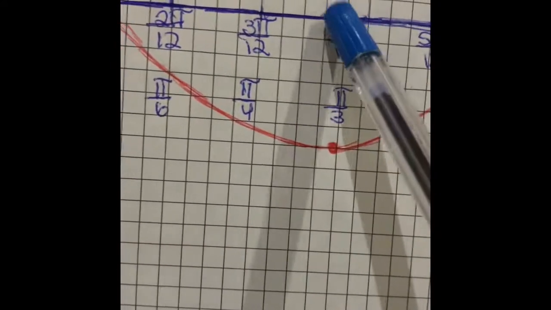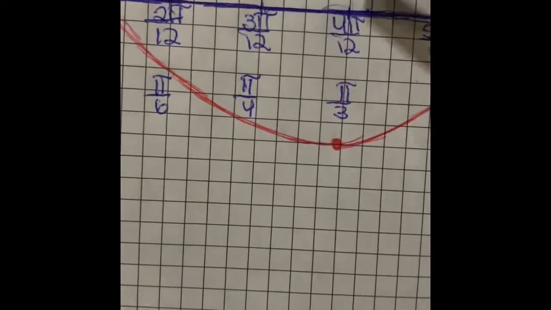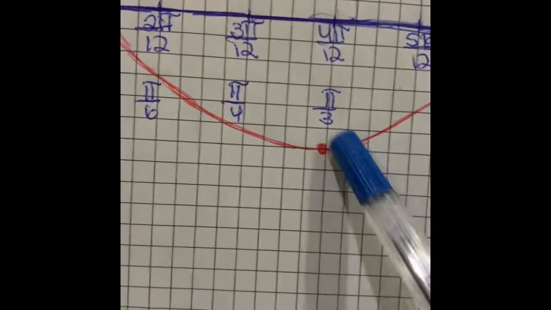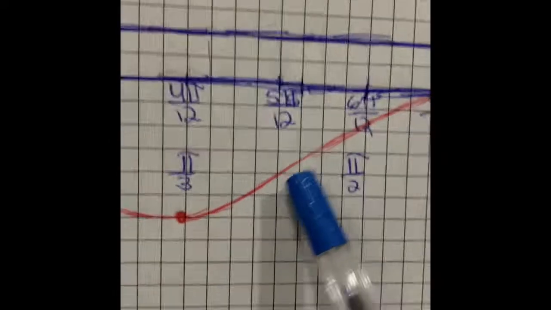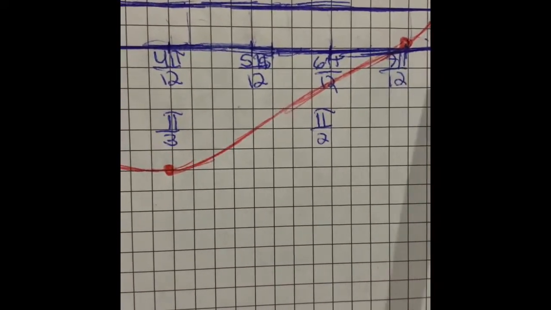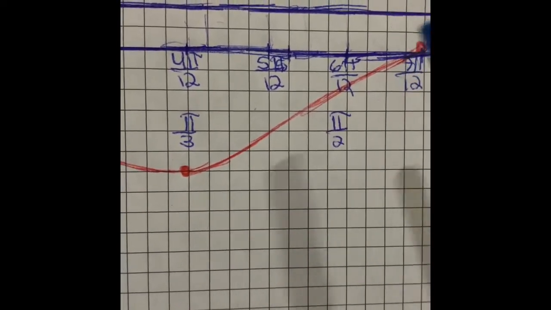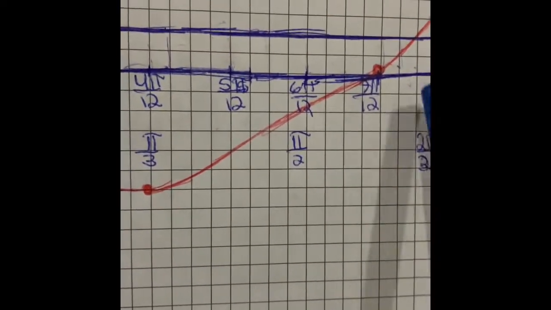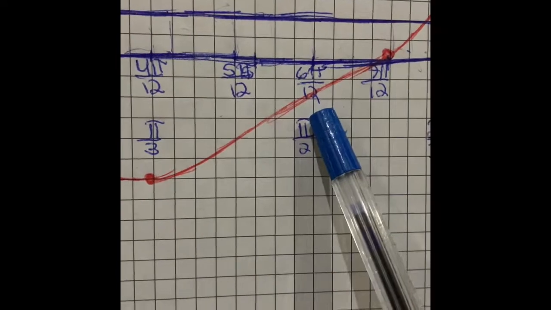It was supposed to go in here, but we go down 3 levels, so it's in here now. Then we have our third point, that is 7π over 12, and it's originally like that, so we leave it like that.